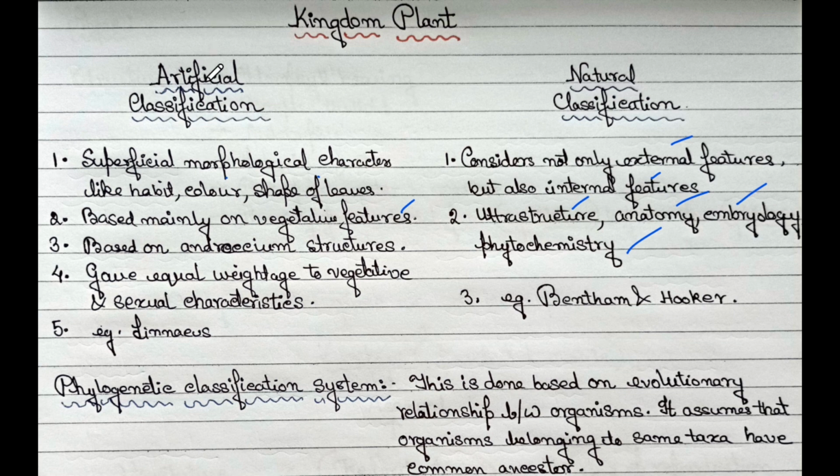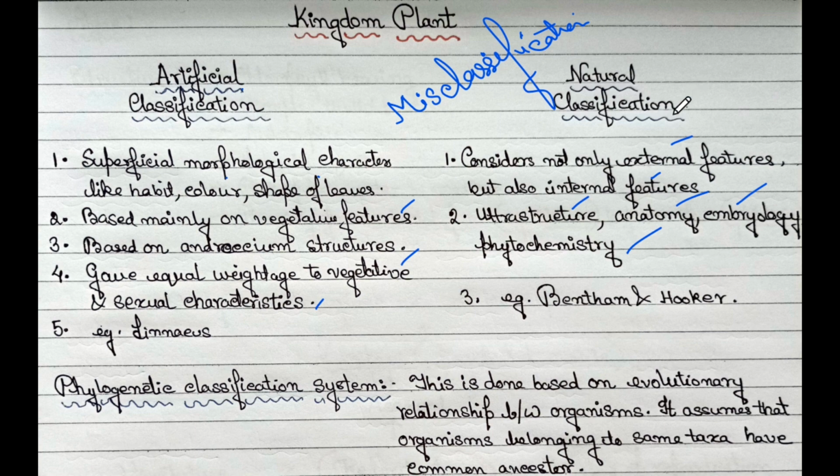Artificial classification gives equal weightage to sexual and vegetative characteristics, which often leads to misclassification. So we have migrated from artificial classification to natural classification.